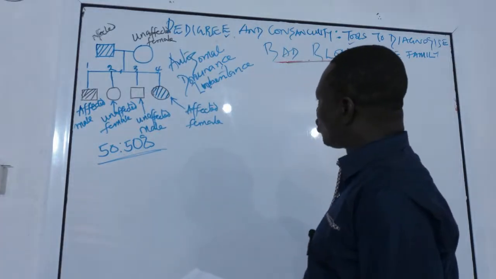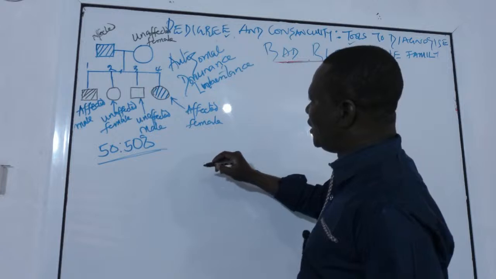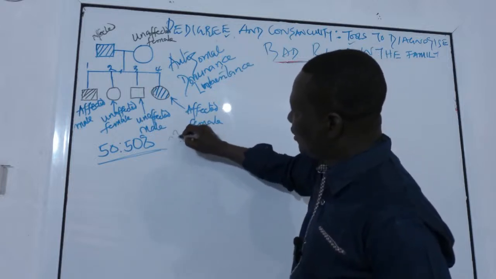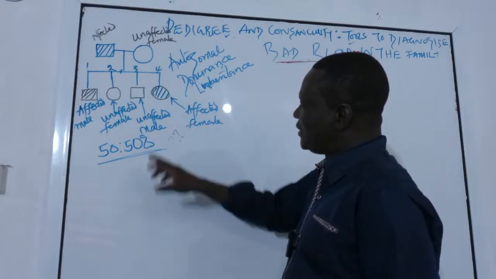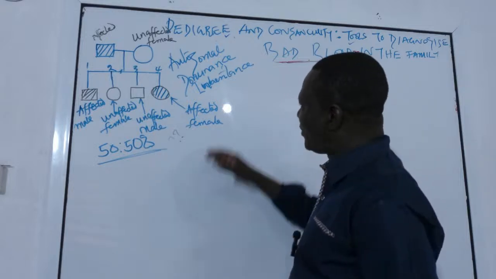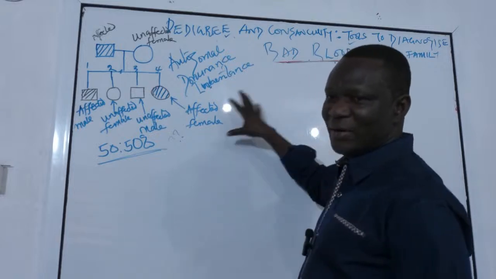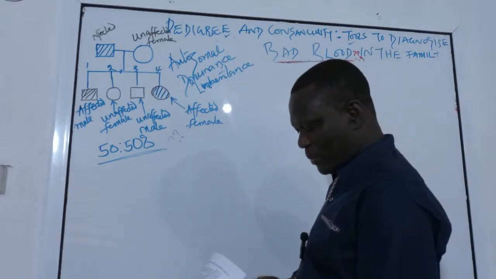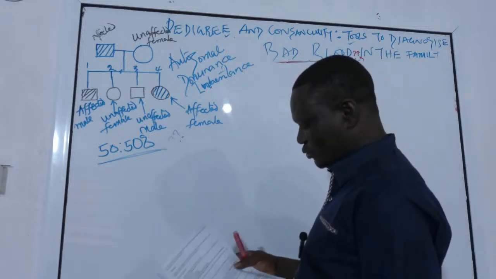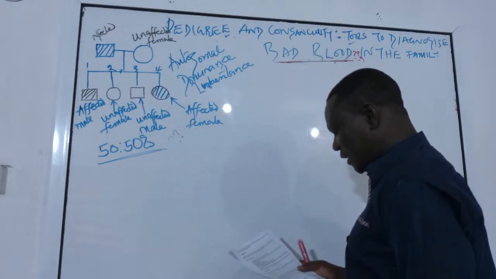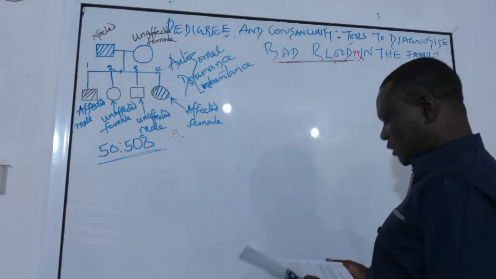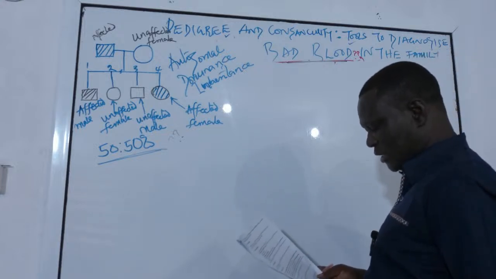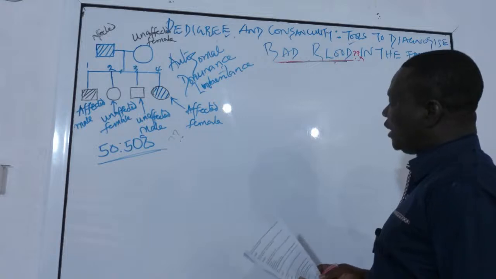So if a couple comes to you from different families, you know the probability of having this kind of disorder in this family, and you compare it with another family. As a geneticist, you will be able to say whether they should go on to marry or seek another way out.